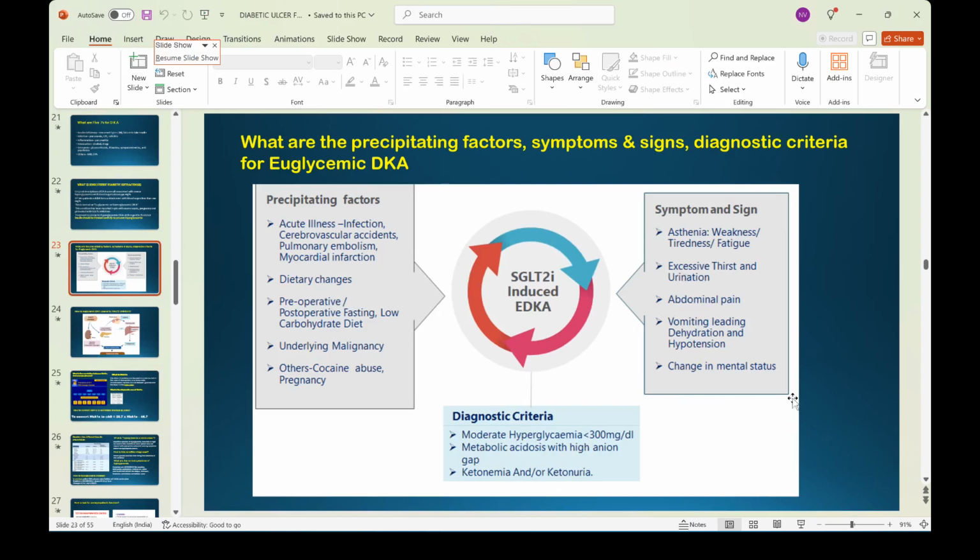The only difference that you have to remember between euglycemic and hyperglycemic DKA is that when you administer insulin to reduce the glucose level, you will be using it for a longer time in regular DKA. Whereas here you have to be watchful all the time about hypoglycemia occurring in these patients. That is the only difference, and you may need to give dextrose containing solutions, which you normally do not use in the regular DKA.